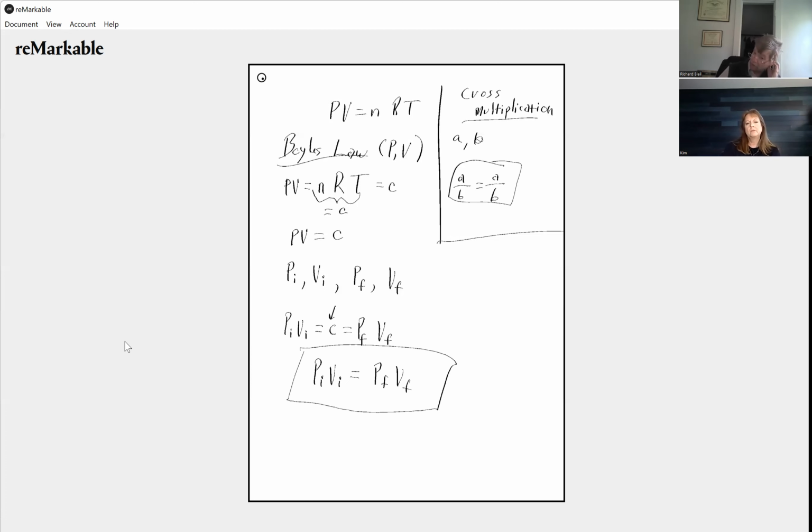So for example, you want to do a quick calculation? Suppose we have a Diet Coke bottle with an initial volume of 500 milliliters.